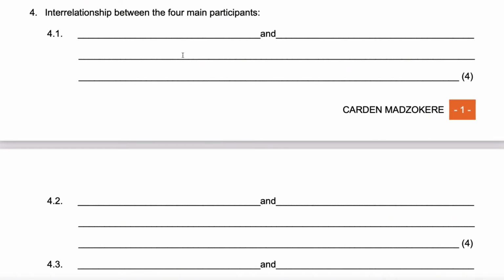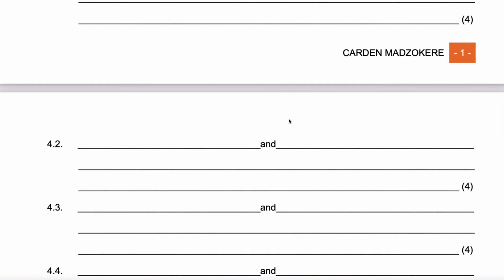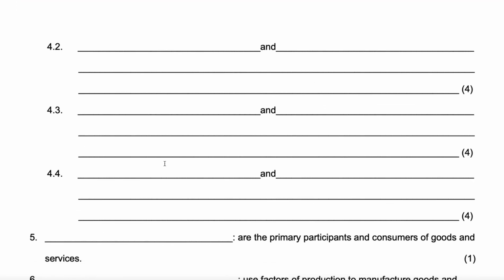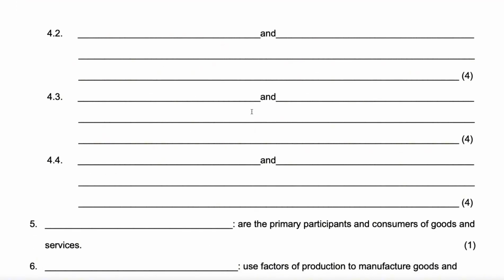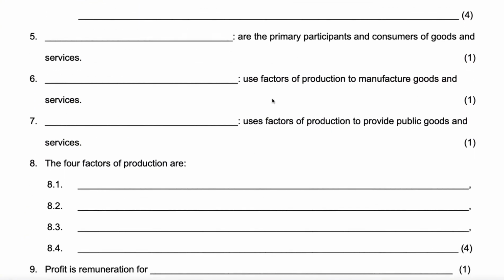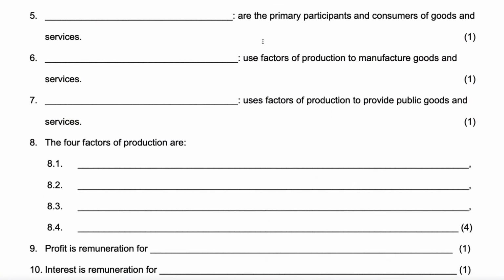Then your description will give you 2 marks. Then here you can say households and government. Then you say something like households pay tax to the government. You pick maybe government and firms. You say government provides public goods and services to firms, anything like that. So this is easy.